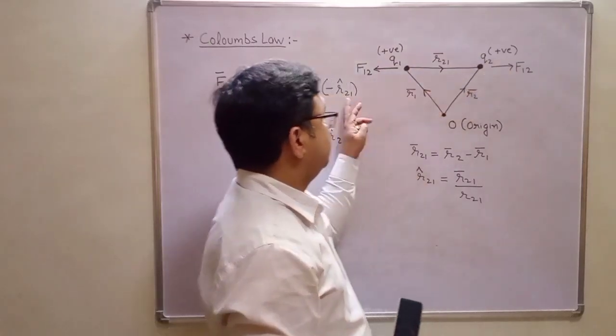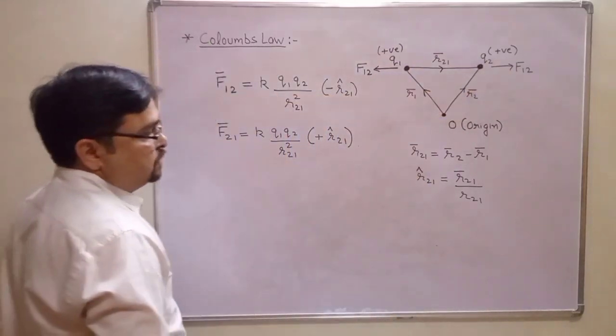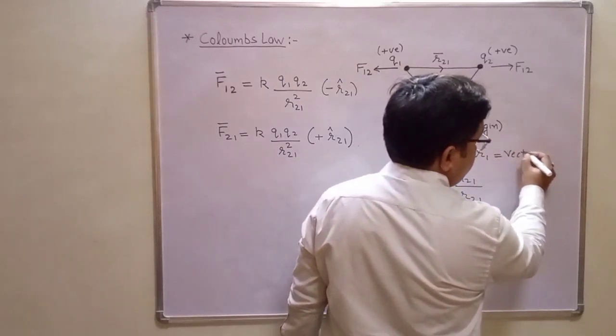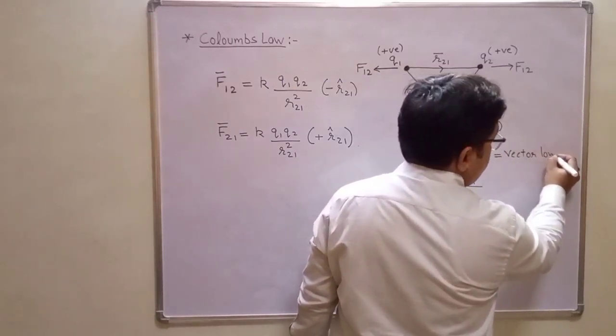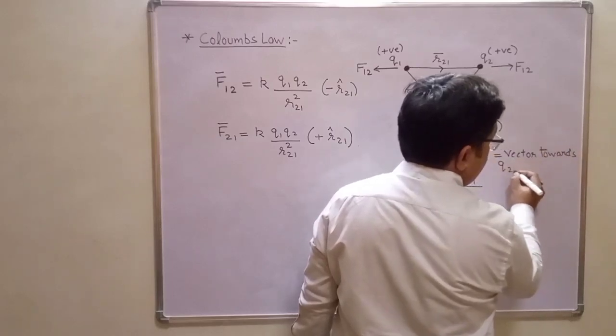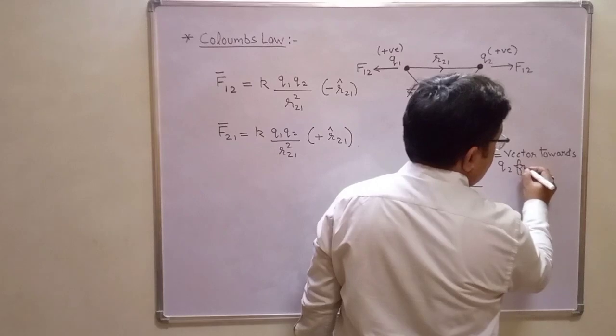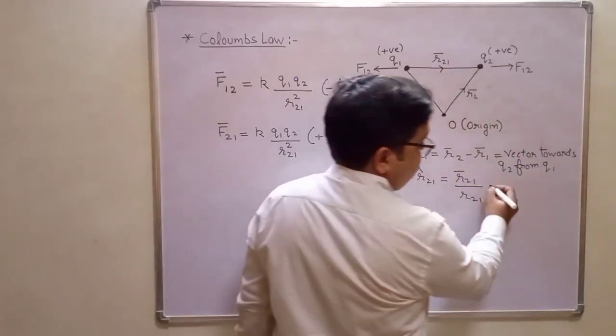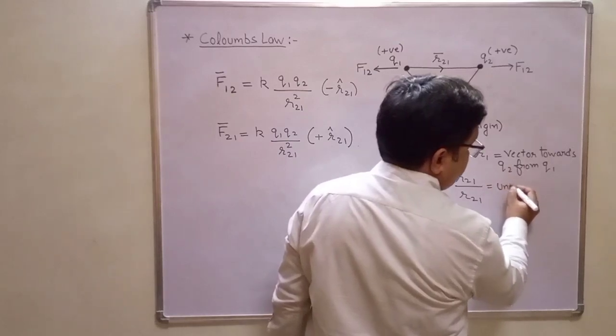You can write here vector towards q2 from q1, and this is unit vector.